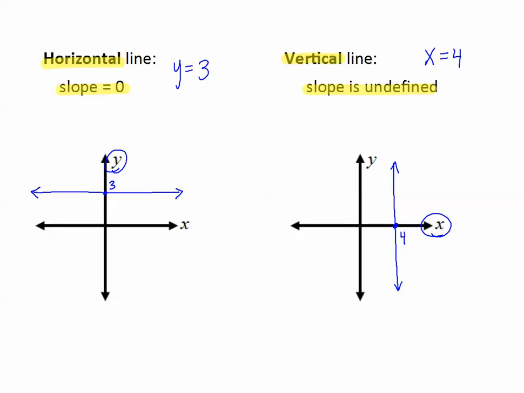Some people use the memory trick called HOY VUX. Ever heard of it? HOY VUX. How is this helpful? Well, let's look at the letters. H for horizontal. Think a horizontal line going side to side. 0 is the slope. So our slope is 0. And the equation is y equals.